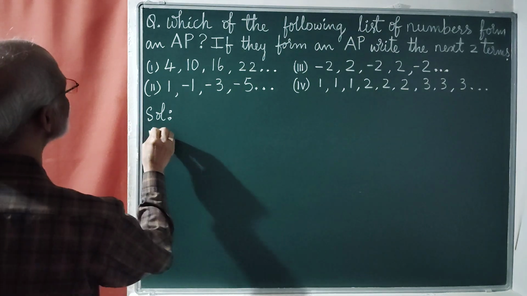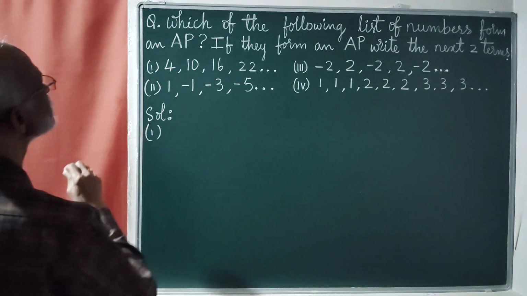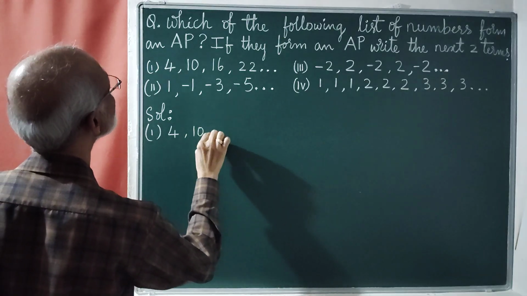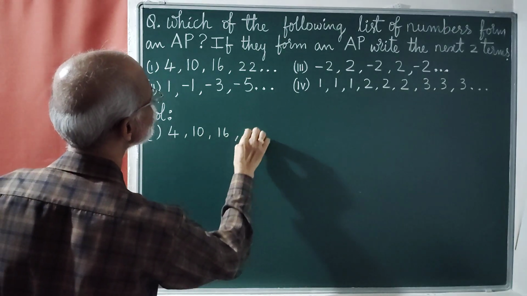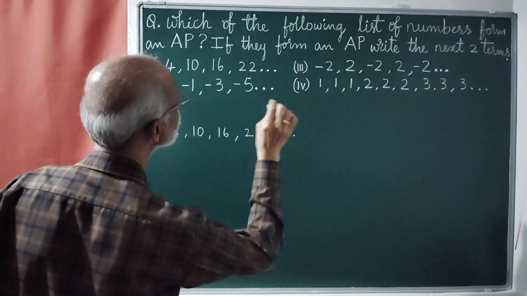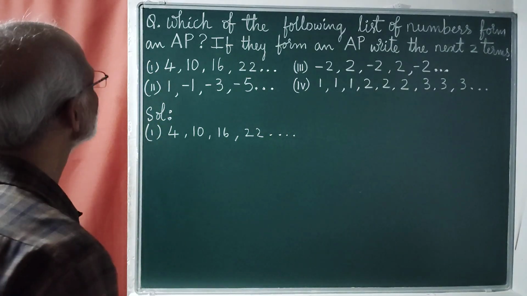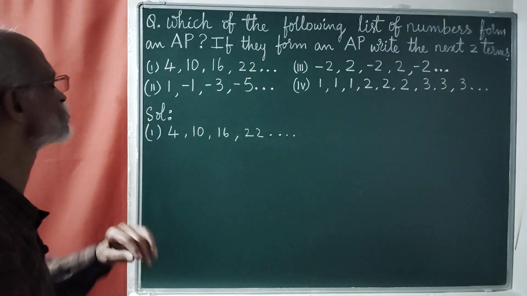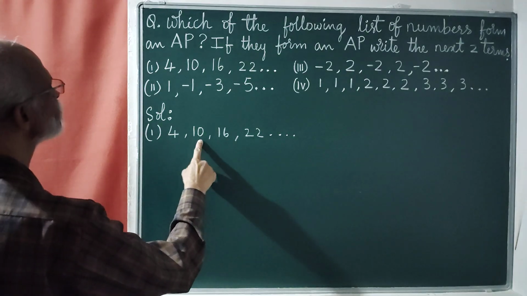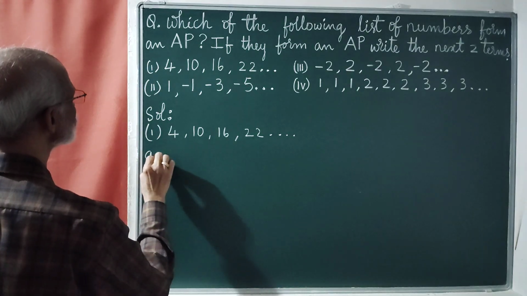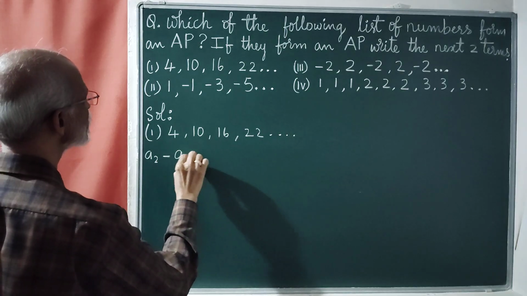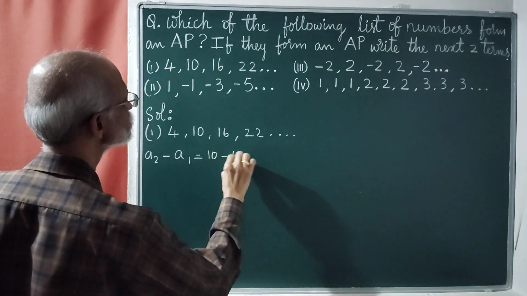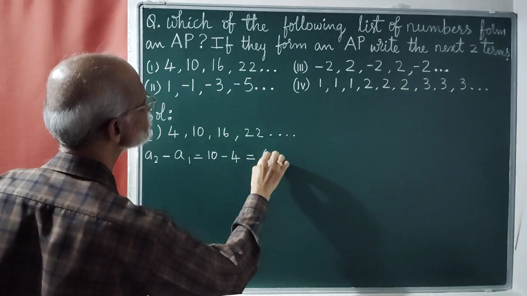So the first one, the list is 4, 10, 16, 22 and so on. So now we will try to check whether there is a common difference between the terms. So A2 minus A1, that is 10 minus 4, we will get 6.